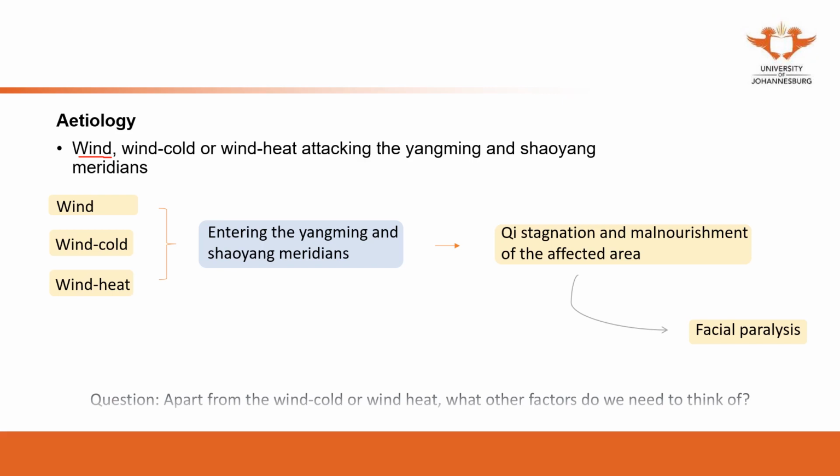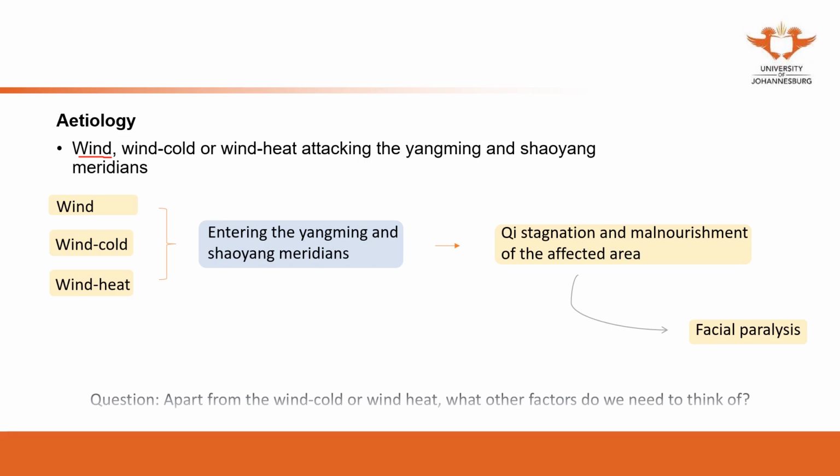The next day, one side of the face cannot move. So when you ask, many patients will have a history of exposure to wind. That's also why our treatments focus on wind. It may be wind cold, it may be wind heat, like in the Yangming and Shaoyang meridians.